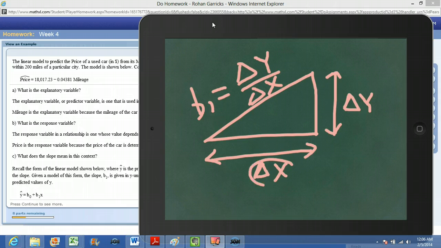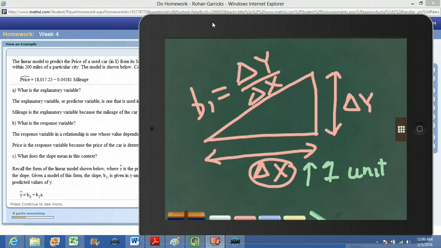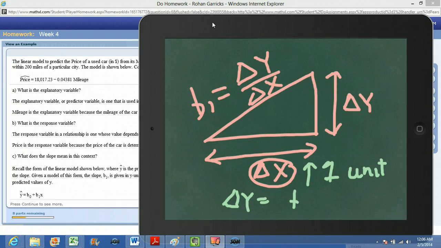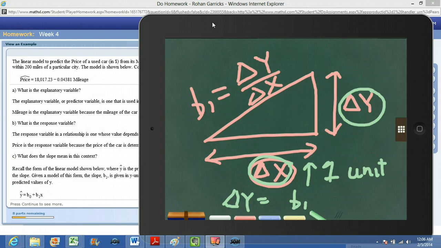If x goes up by 1 unit, then y is going to go up by b1 units. So it's really predicting a relationship between how x is varying and how y responds.